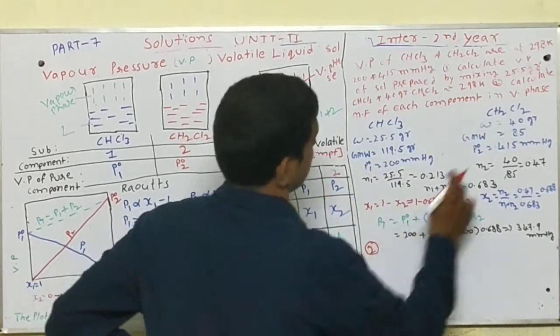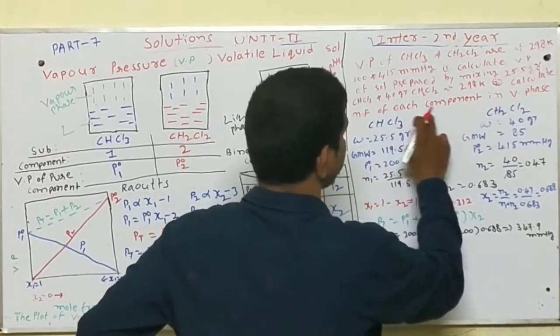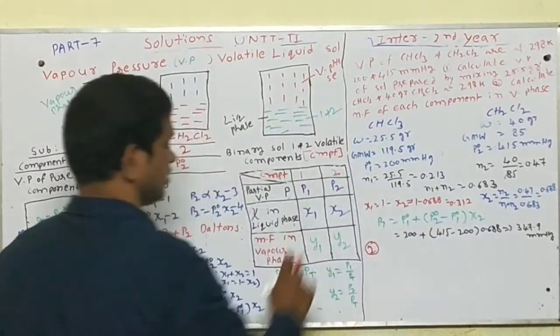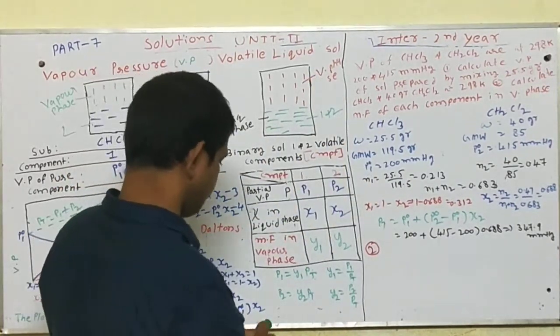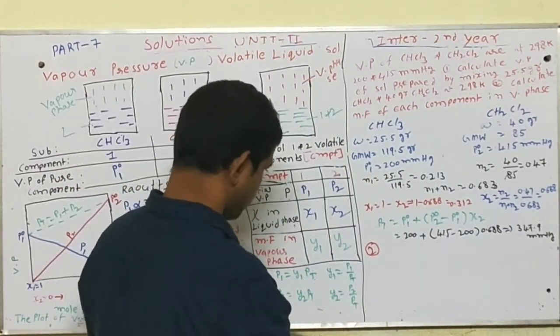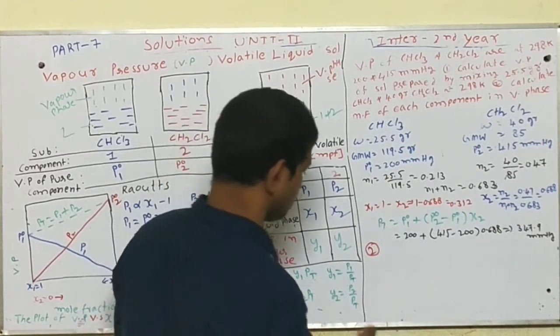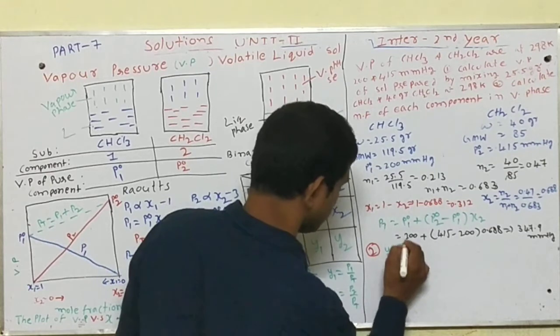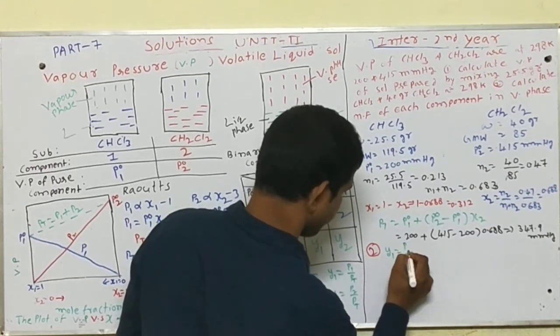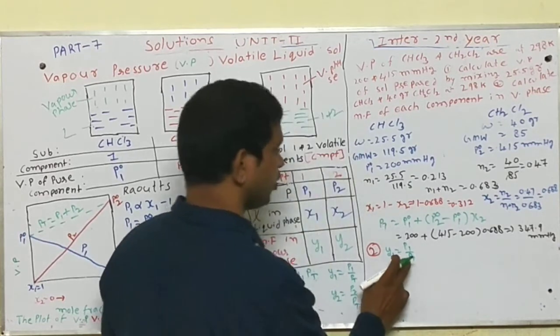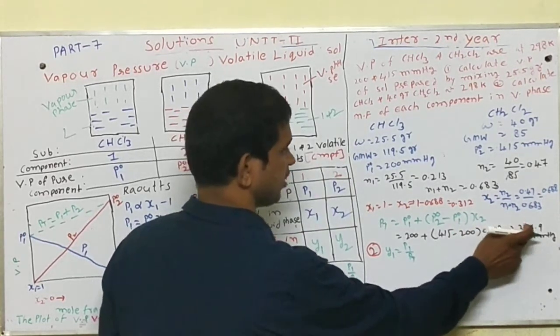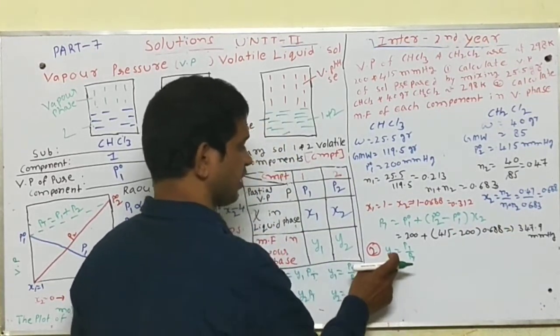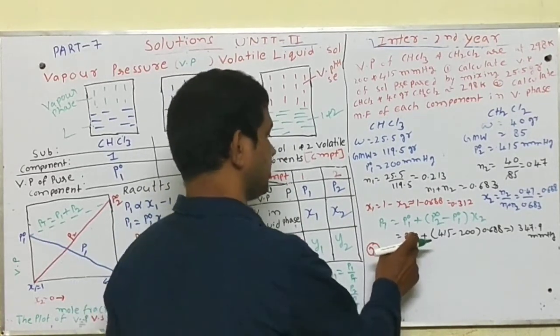Now we can answer the second question, that is, calculate the mole fraction of each component in the vapor phase. We know the formula: y1, that is the mole fraction of component 1 in the vapor phase, is equal to P1 by Pt. We know Pt is 347.9 and we have to calculate y1. Before this we have to calculate P1.